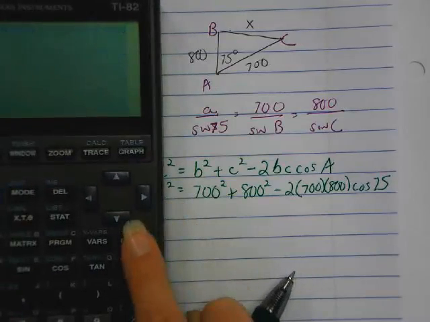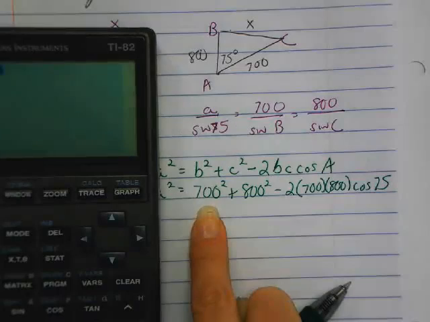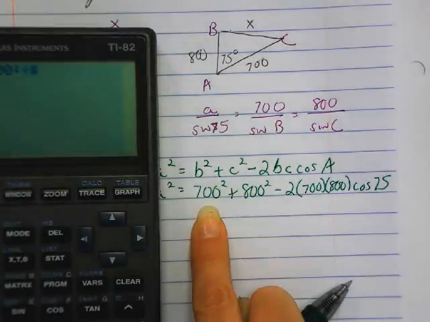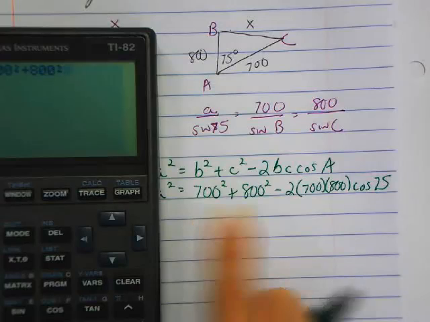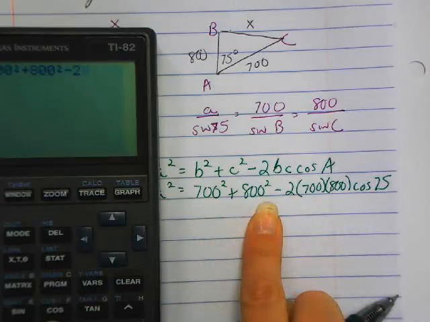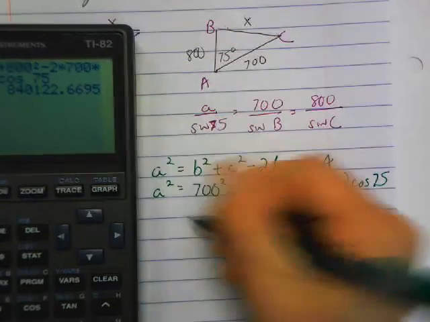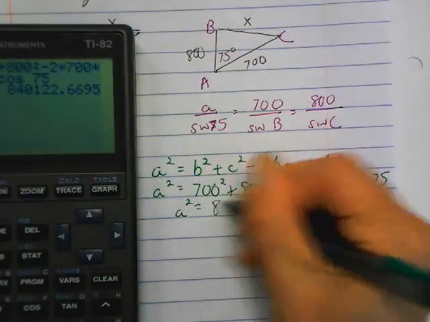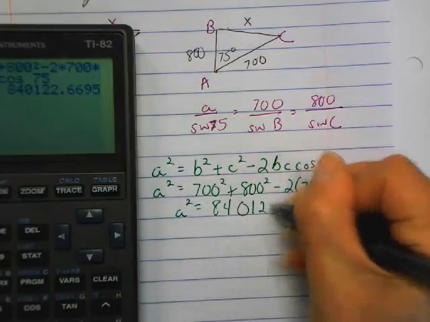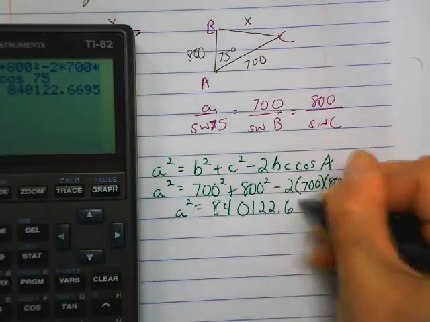Alright, so type in 700 squared plus 800 squared minus 2 times 700 times 800 times cosine 75. Now, be careful. A lot of you guys have been making the mistake of saying, woohoo, look, I'm done. But what do you need to do with this number?